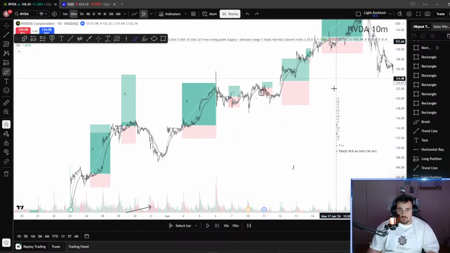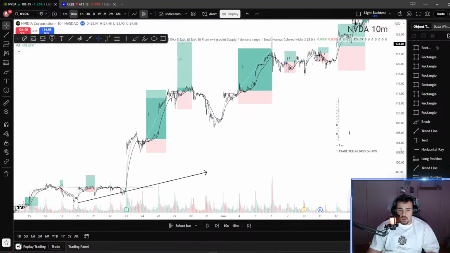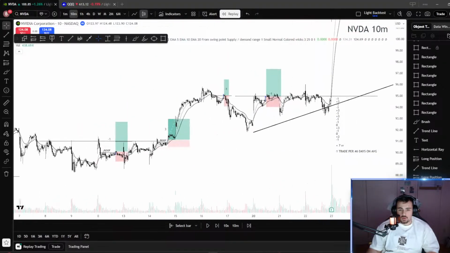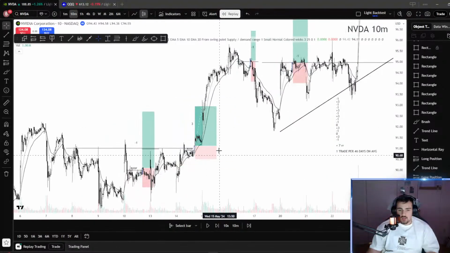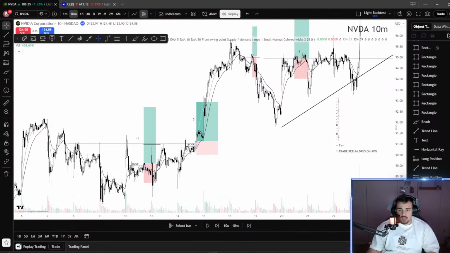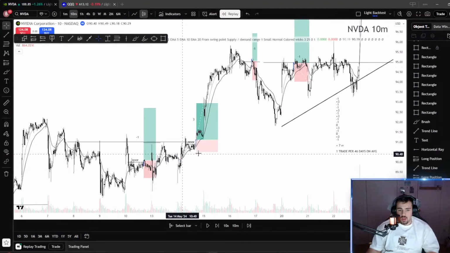The reason I'm going to note down the amount of ticks or percentage or cents of the stop loss is because I will know my average stop loss on this asset.